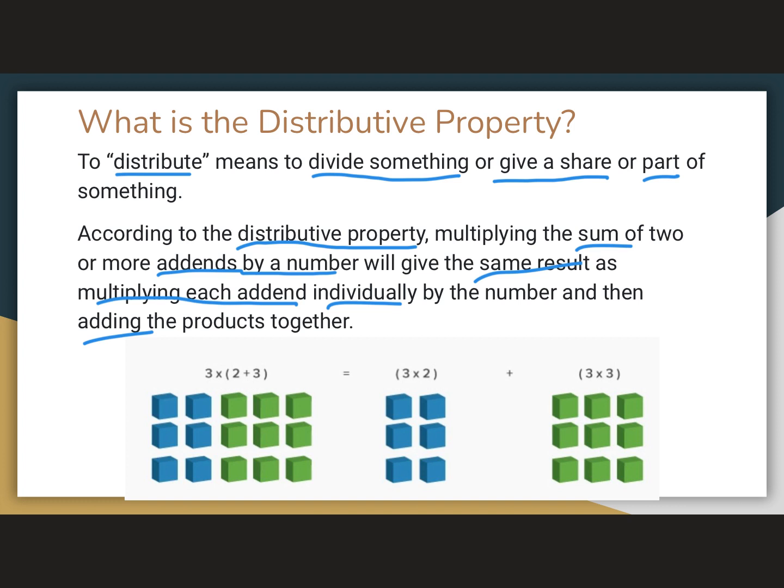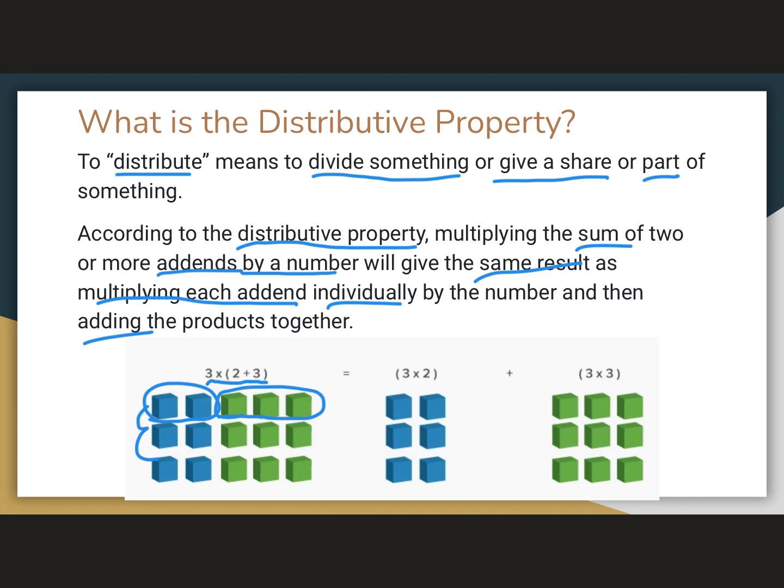So what does that mean? You see here I have 3 times 2 plus 3. So here's my 2, here's my 3, and you can see I have 3 groups of it. So you can see that here I have a total of, if you count them, 1, 2, 3, 4, 5, 6, 7, 8, 9, 10, 11, 12, 13, 14, 15 boxes.